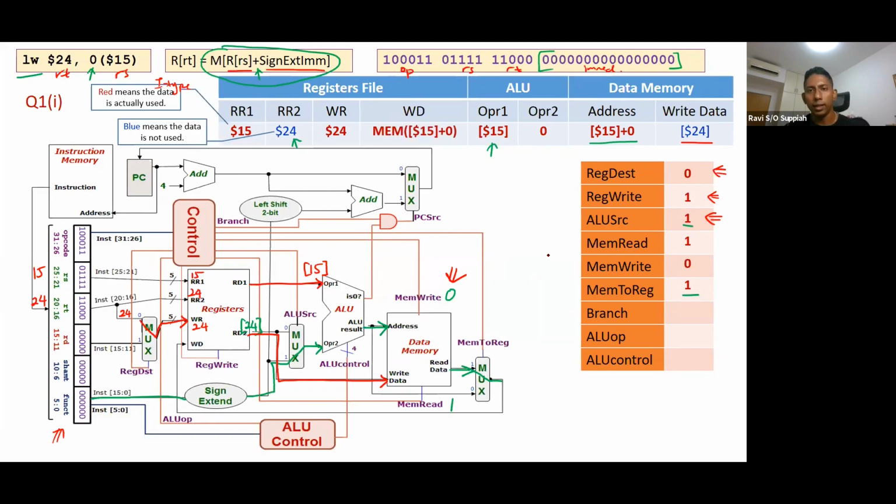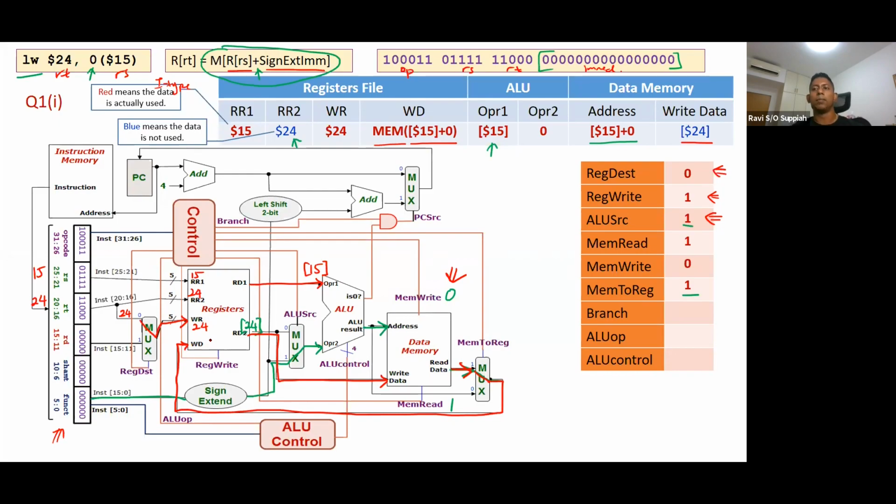All right, so the data that we are reading from the memory is this, which is the address given by this and the content in that memory location. So that is what is going to come out of here. It's going to pass through this multiplexer because mem to register is 1, and then it's going to go back here to the write data port of the register file.